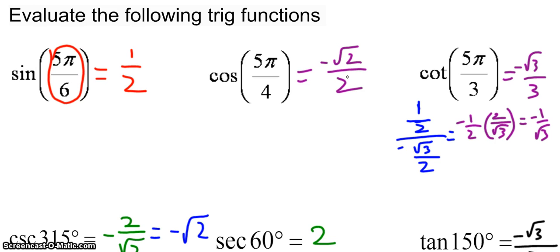And another thing to point out is we also evaluated trig functions like this at these special angles, but we always used acute angles before, because then we would draw a triangle. So keep in mind that, for example, 5 pi fourths has a reference angle of pi fourths. So really I'm just using the 45, 45, 90 triangle.